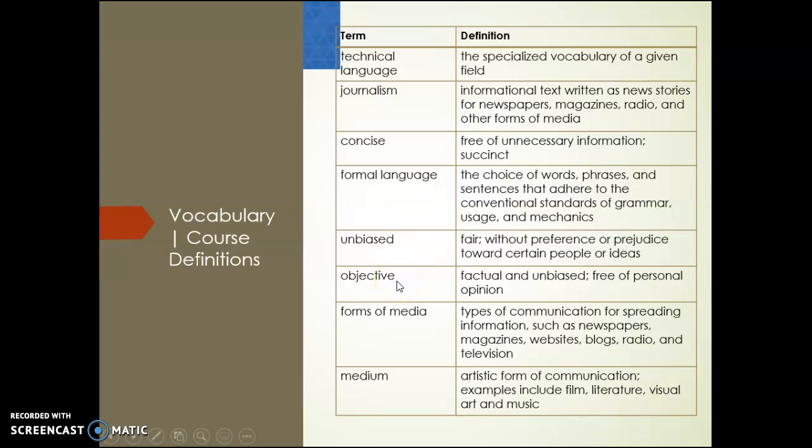Some of the vocabulary that we saw throughout this unit were things like technical language, journalism, concise, formal language, unbiased, objective, forms of media, and medium. Again, I'm not going to read all of these definitions for you, but just make sure that you're familiar with the vocabulary as it was used in Unit 5.